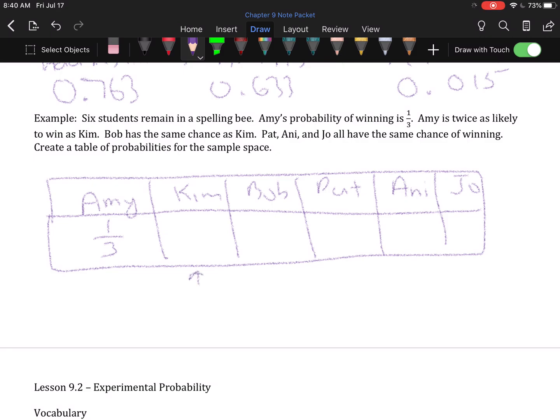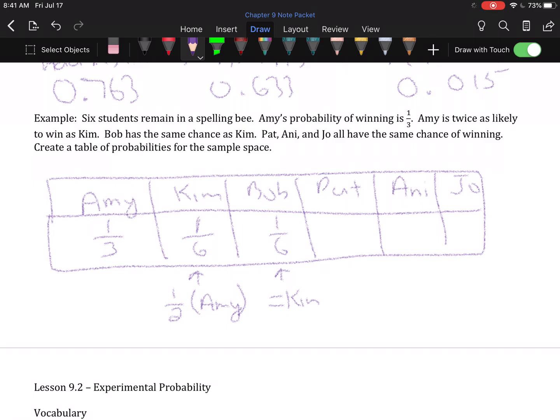We know Kim has half of Amy's chance of winning. Well, what's half of a third? Half of a third is 1/6. You would do 1/3 times 1/2. So Kim has a 1/6 chance of winning. We know that Bob is equal to Kim, so we can give him 1/6 now as well.